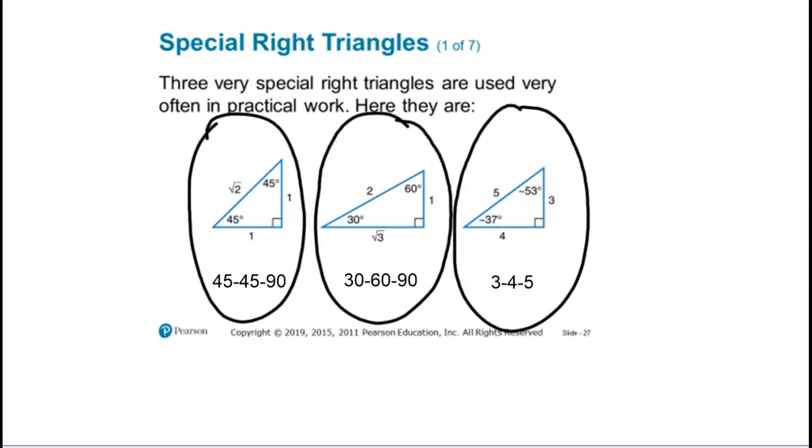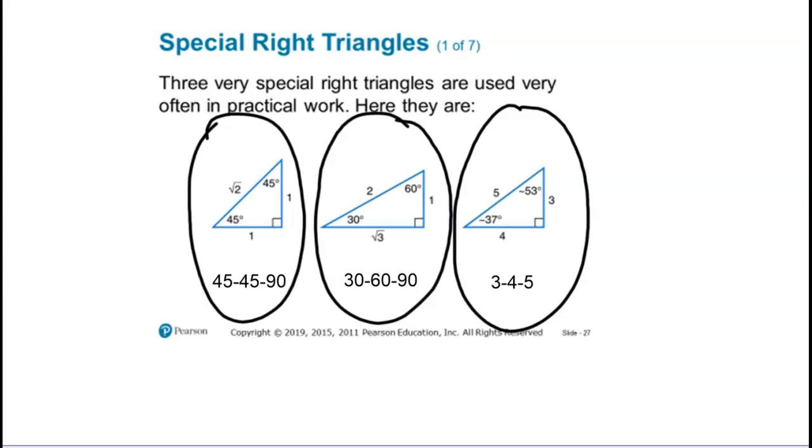You just need to remember that for a 45, 45, 90, these are the sides and these are the interior angles. For a 30, 60, 90, these are the sides and interior angles. And for a 3, 4, 5, these are the sides and the interior angles. We'll cover each of these specifically. And if you have them written down on your note card and prepared for your test and final exam, you won't need to memorize any of this.